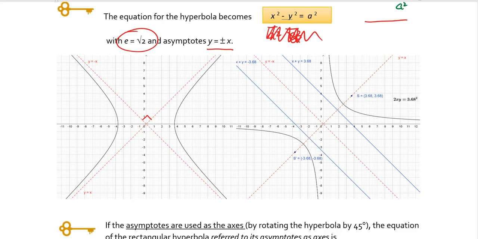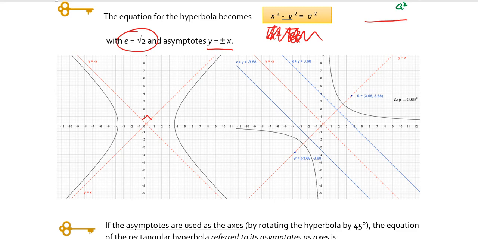But here on the right, we see the hyperbola looking perhaps more like you're familiar with it from the Year 11 course and maybe the junior school course as well, with the hyperbola's branches sitting in quadrants. In this case, what's happened is that we've taken our rectangular hyperbola and rotated it through 45 degrees.